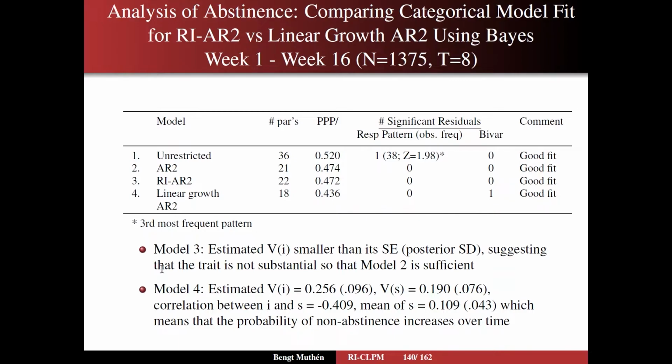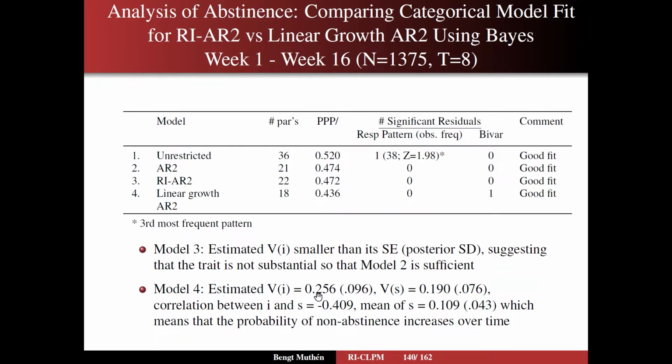Interesting is that for model 3, the estimated random intercept variance is smaller than its standard error, the posterior standard deviation in Bayes terms, suggesting that the trait is not substantial and that model 2 could be sufficient. Model 2 is where we don't have a random intercept. Whereas for model 4, the estimated random intercept is substantial relative to its standard error, or standard deviation.